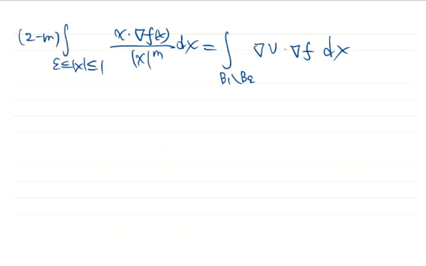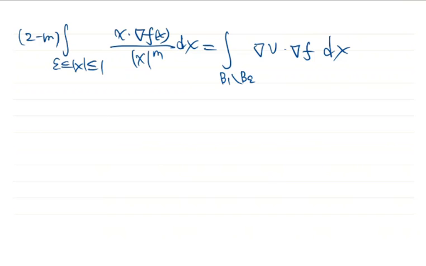Okay, because v is just this function, with the 2 minus m. So we have this equality. Now for this equality, we apply the Green formula.